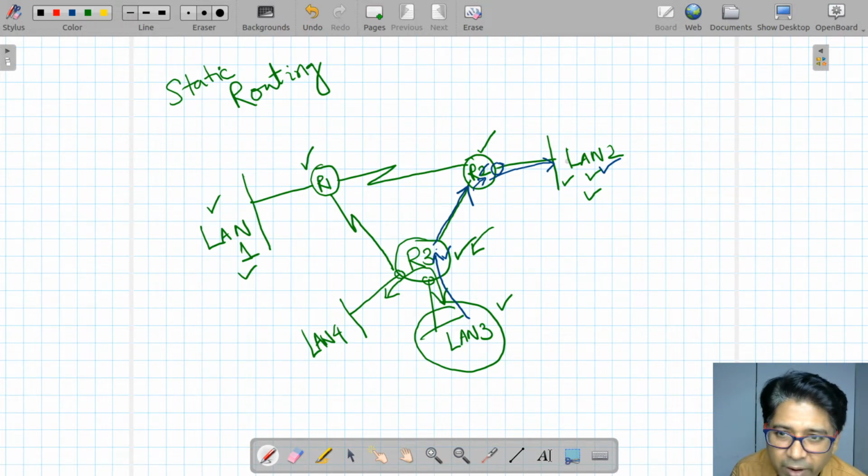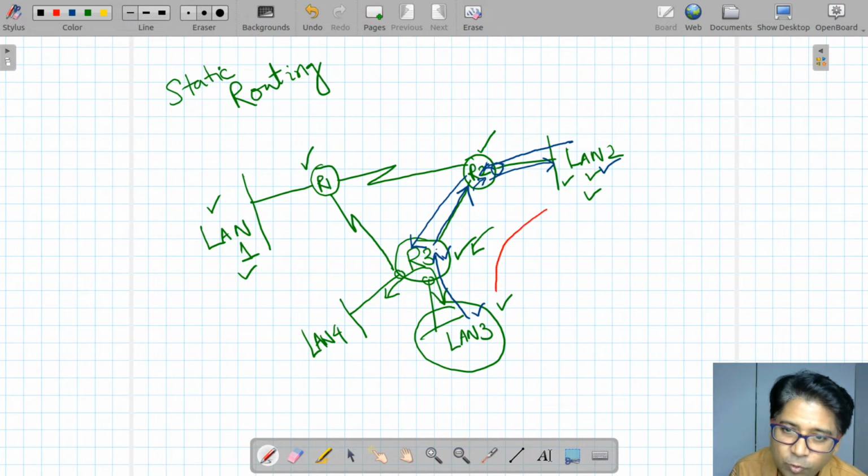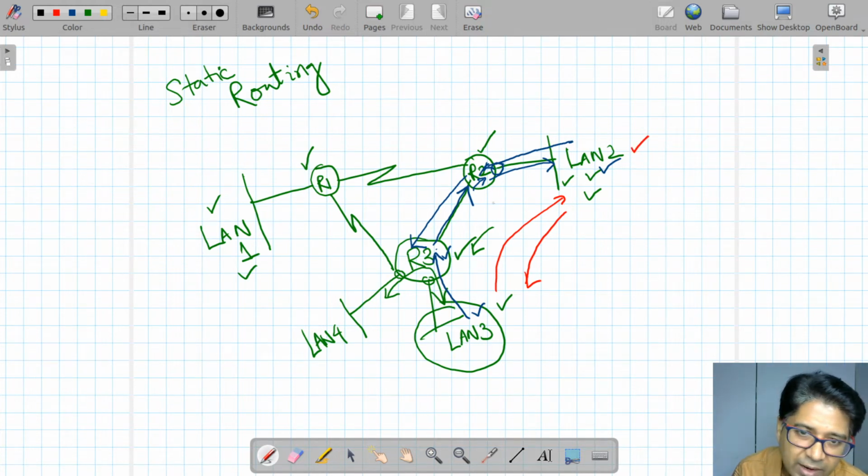In the same way, when replying, router 2 should know about LAN 3 so it can reply back to R3. So for communication between LAN 2 and LAN 3 you have to do bidirectional routing: on R3 enter the LAN 2 information, whereas on R2 inform about LAN 3.